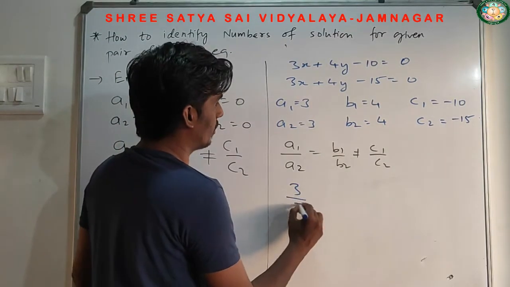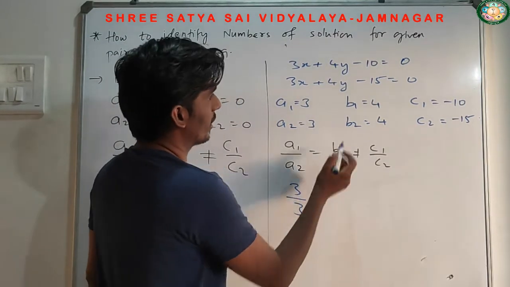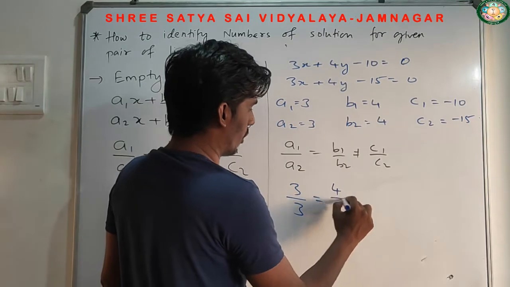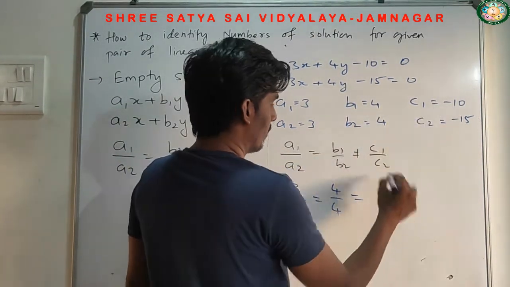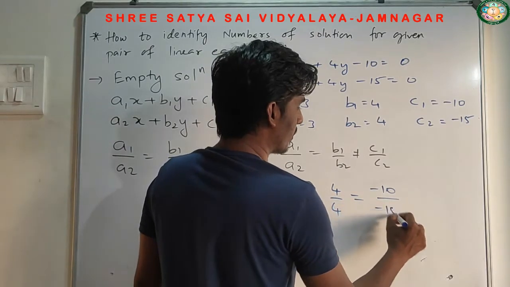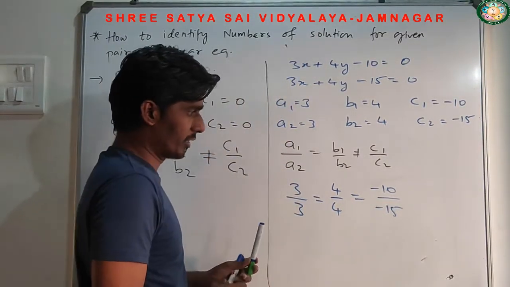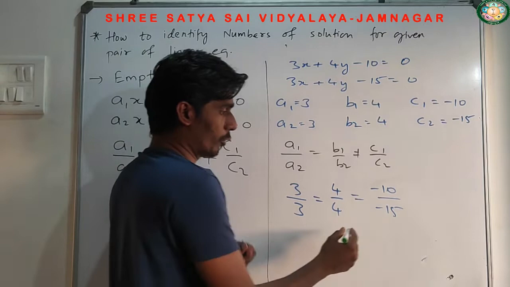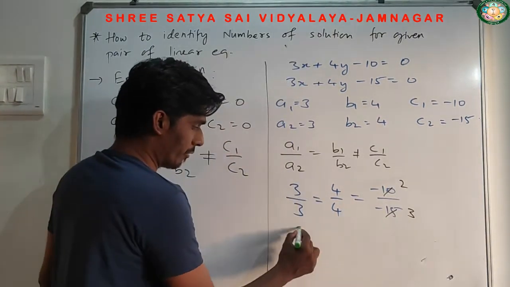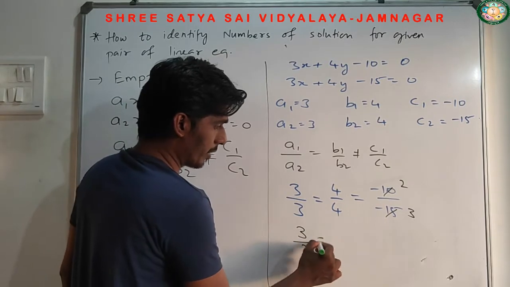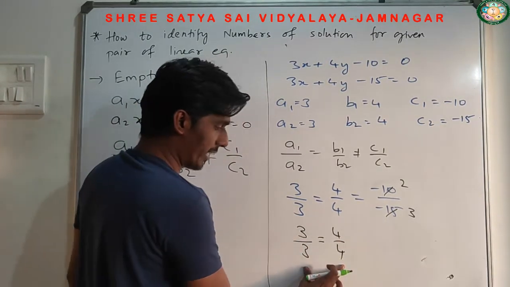It's 3 upon 3. What is b1 upon b2? It's 4 upon 4. And last one, it's what? Minus 10 upon minus 15. Even if you reduce this, by mistake if you reduce it, 5 twos are 10, 5 threes are 15. So finally what I get? It's 2 by 3. 1 and 1 are equal only.